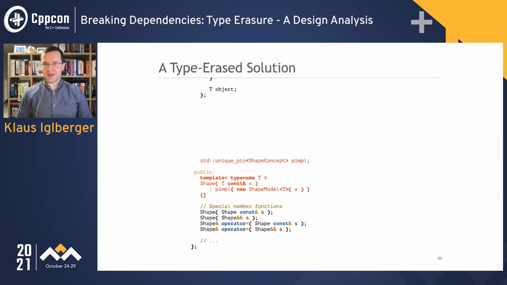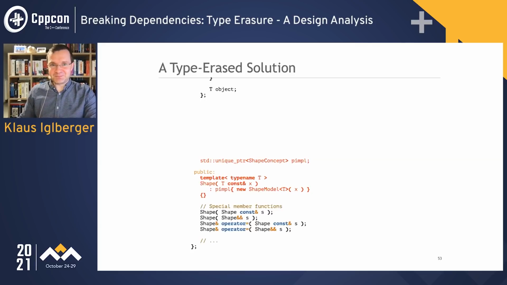That gives this, by the way, the name type erasure. I've erased the type. I don't see the type in the interface of the shape class anymore. I don't see it anywhere. It's primarily gone. But because we have this nice base class, of course, we can still use the right thing because we have virtual functions. We can go back there.